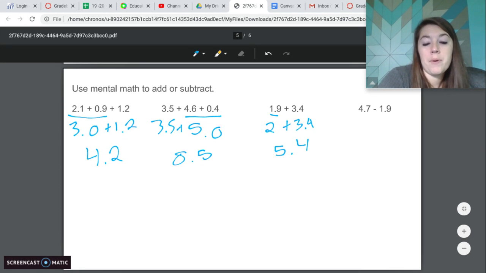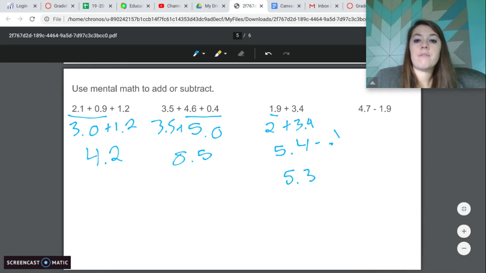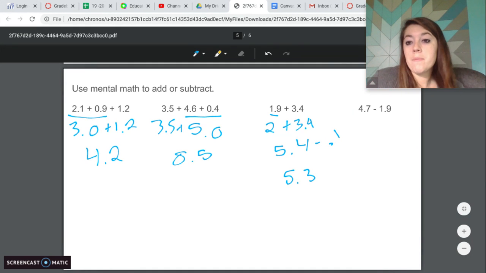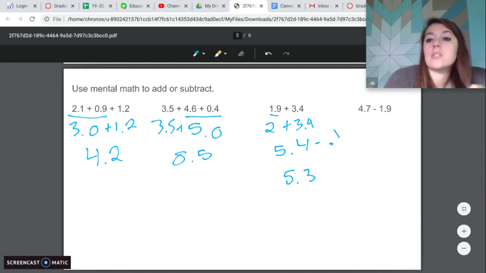But I went up by 1/10, so we are going to subtract 1/10 from this to get 5.3. 5.3 for an answer there. So remember, when you compensate, you have to adjust your final answer to take into effect the compensation.